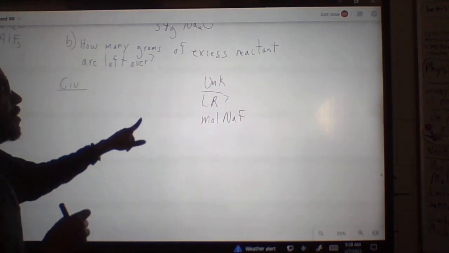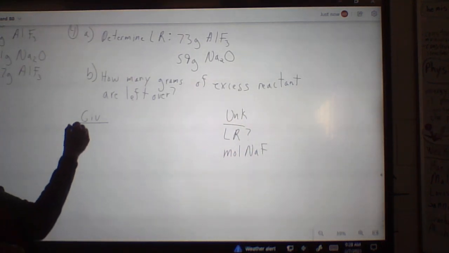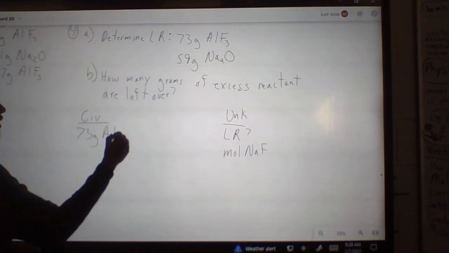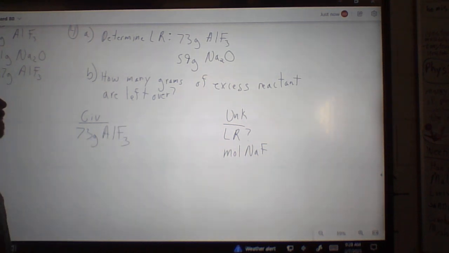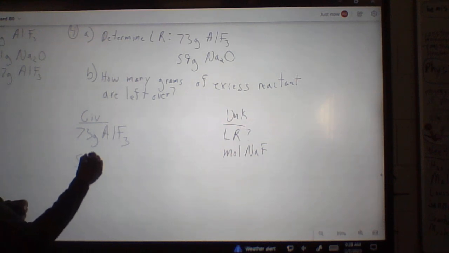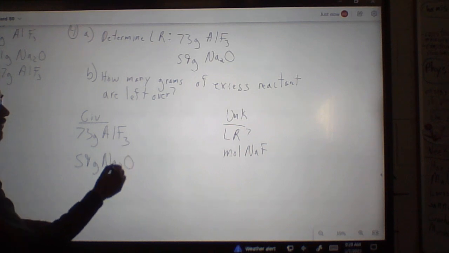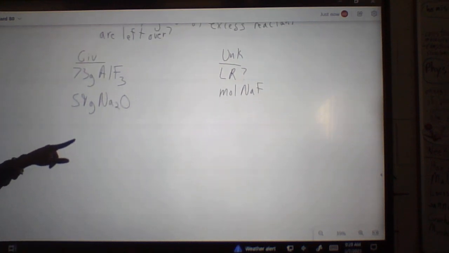And then I'm starting out with these ones, 73 grams AlF3, and also 59 grams Na2O. No problem.